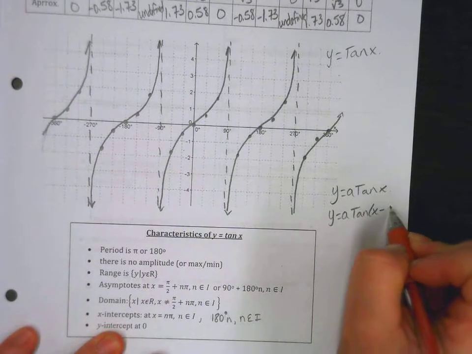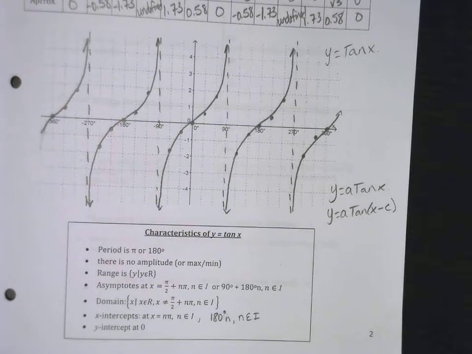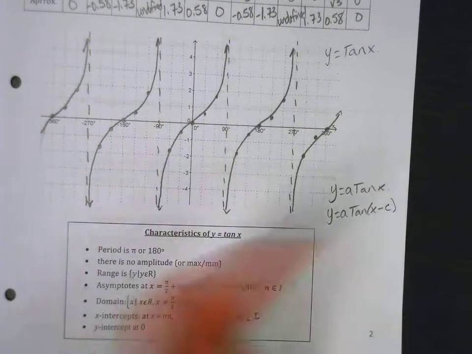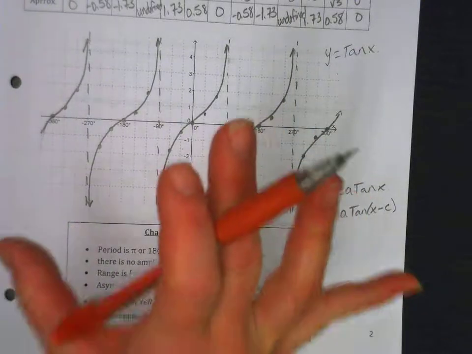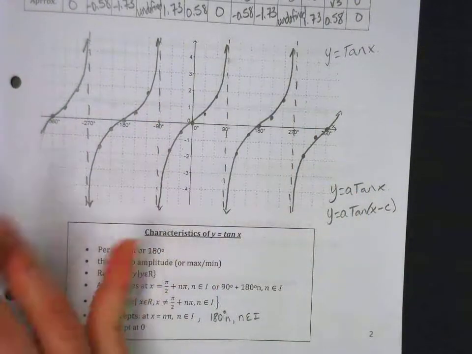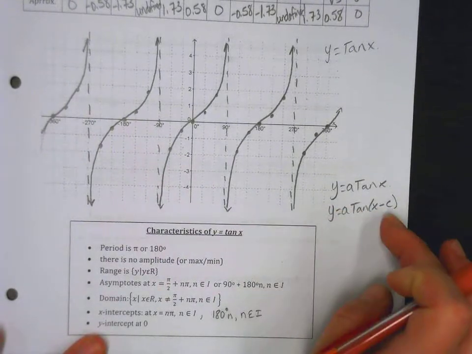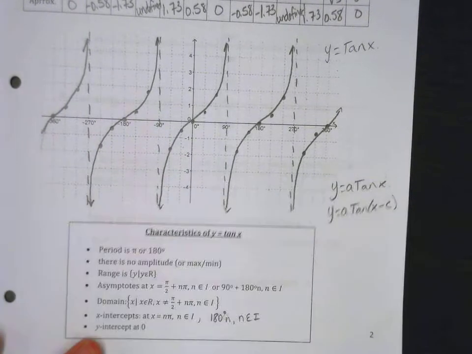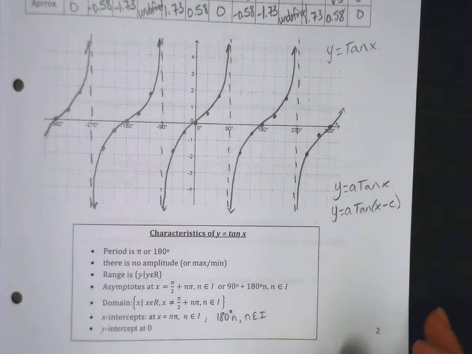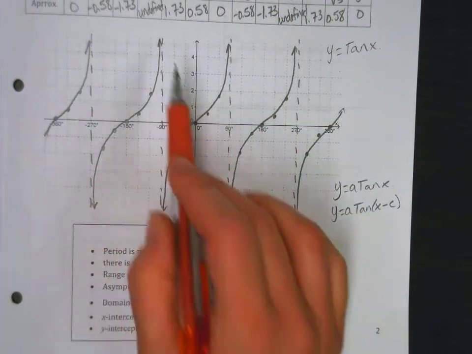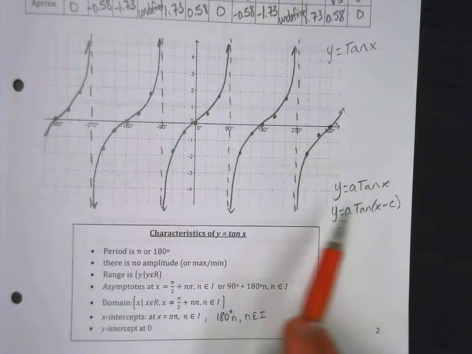So transformations are going to affect a tangent graph like cosine and sine functions, but you won't be expected to sketch a transformed graph. You might just have to talk about the transformations from a function. You just have to have a good idea of what that base function looks like and recognize that it has asymptotes, be able to identify where those asymptotes are going to occur, as well as your x-intercepts.